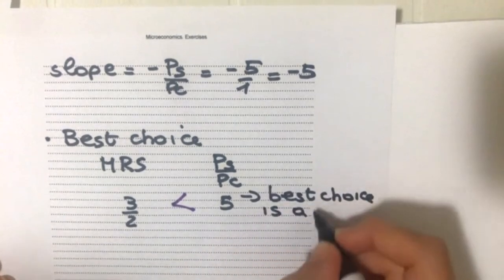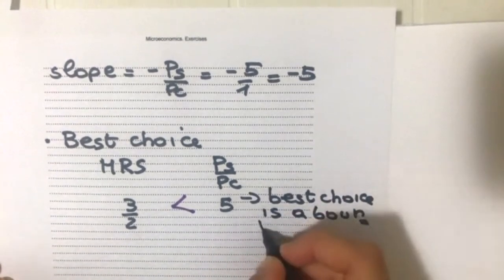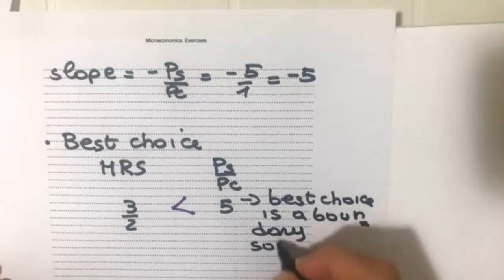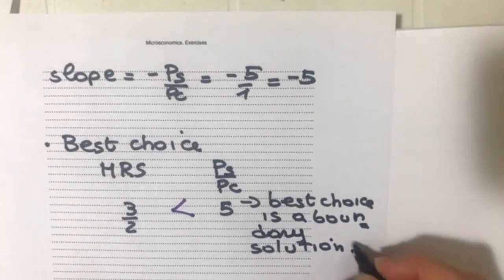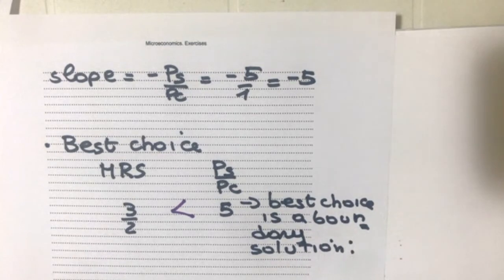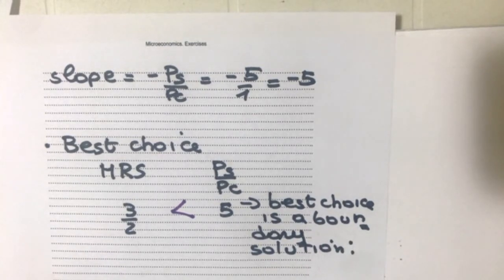When this is the case, the best choice is a boundary solution, where the consumer consumes only the good that lies on the y-axis.